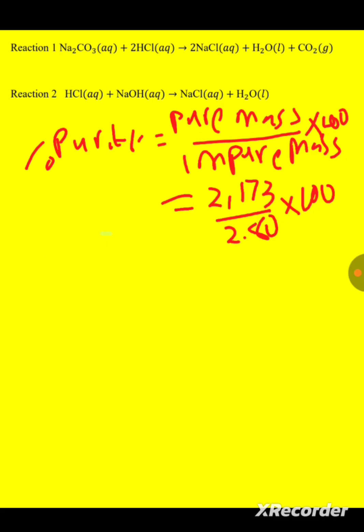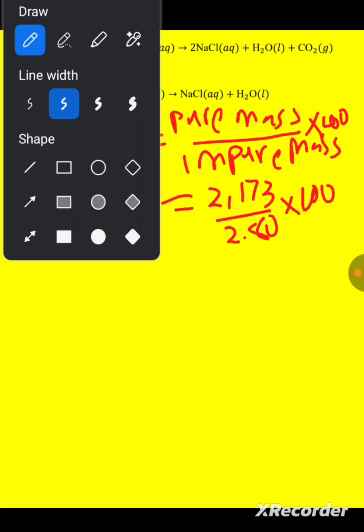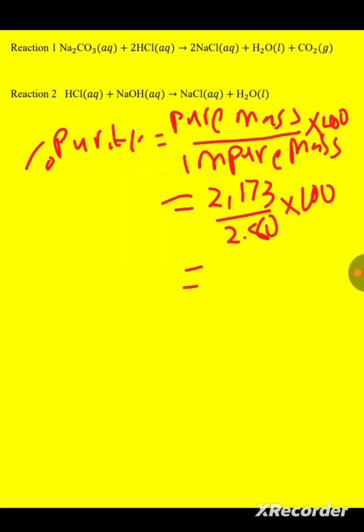This was just information. Then we punch our calculator to get the percentage purity. So the percentage purity is this one now.